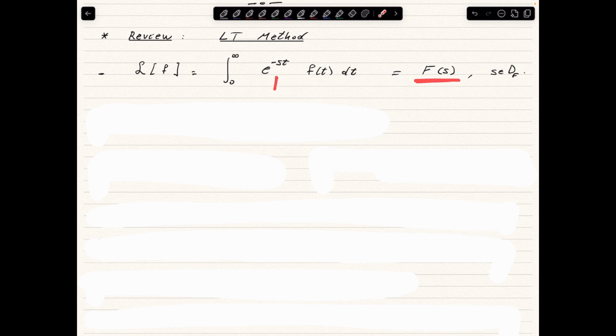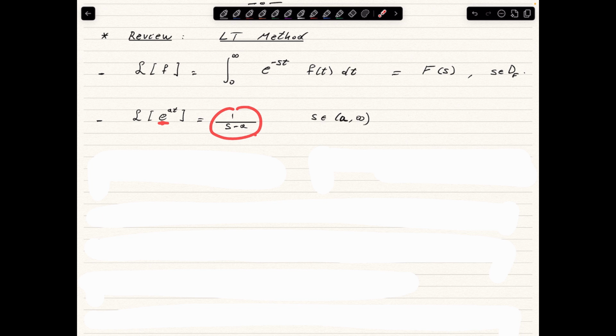For some values of s this integral diverges, and for some values of s the integral converges. We define the Laplace transform of the function for those values of s where the integral converges. For example, the Laplace transform of an exponential e to the at is the quotient 1 over s minus a.